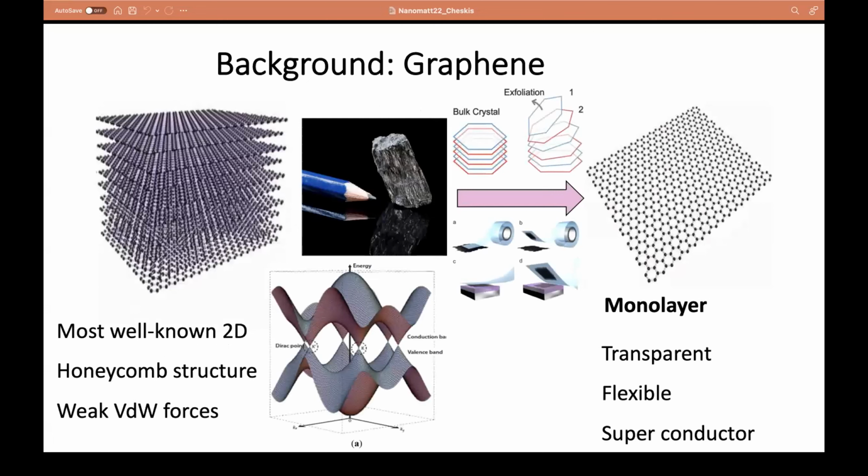Okay, so graphene is a single layer of graphite, well known, and was experimentally achieved in 2004, and in 2010 the Nobel Prize was given to researchers from Great Britain. And this single layer has many excellent properties.